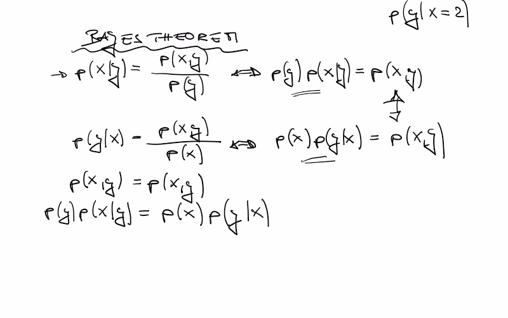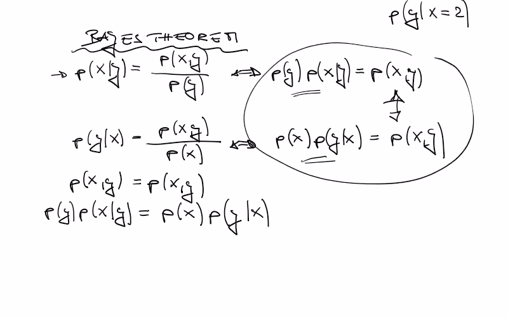So now I basically just plugged in what we just did here, starting again from our definitions of the conditional probabilities. And now we can, for example, divide both sides by p of y.